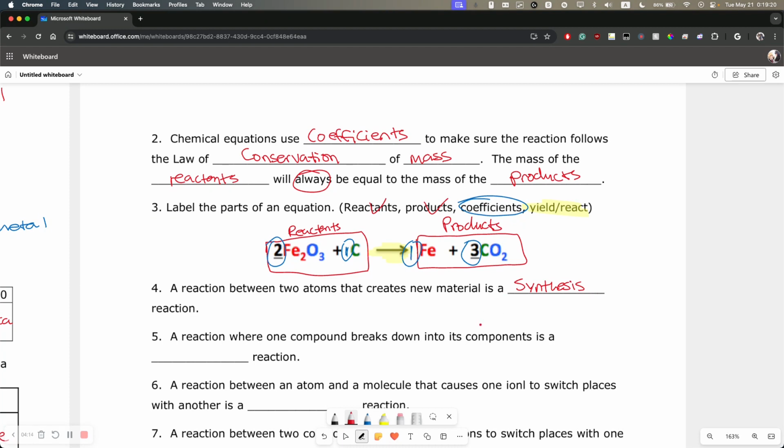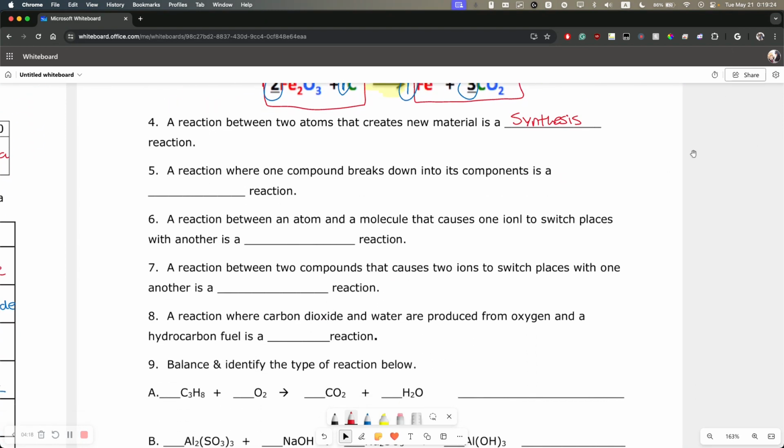Synthesis is a reaction between two atoms creating one new thing. Next, question 5. A reaction where one compound breaks down into its components is going to be a decomposition reaction. It decomposes into its respective components.